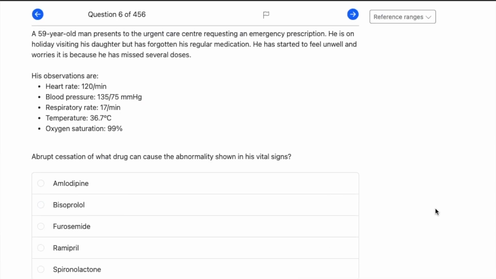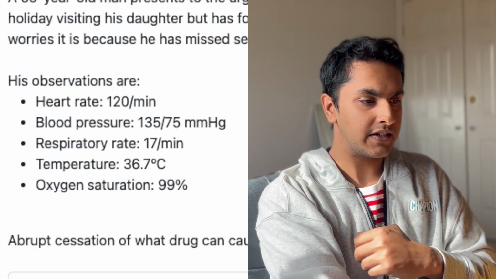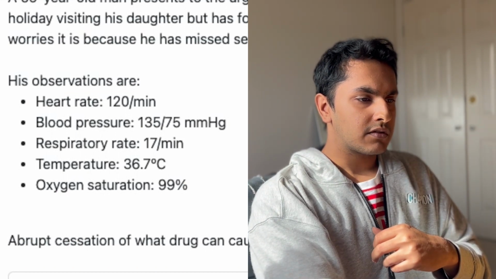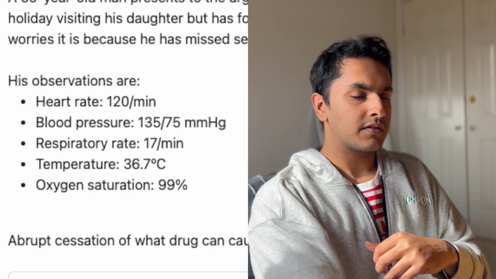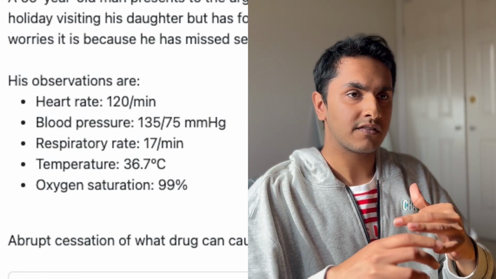Abrupt cessation of what drug can cause the abnormality shown in his vital signs? The abnormality here was the heart rate, which was elevated. So we're thinking about something that increases the heart rate, something that affects how fast the heart beats per minute.